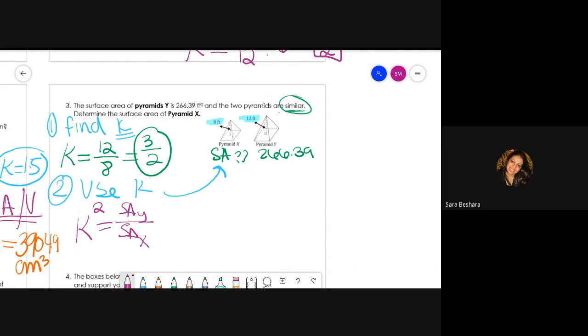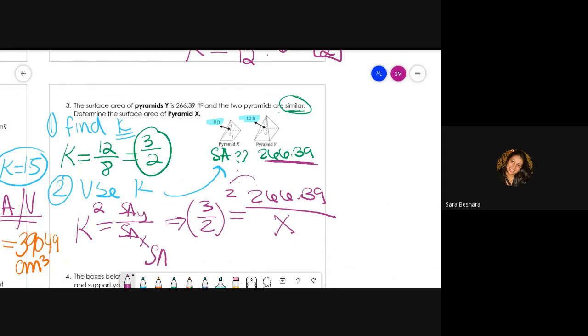All right, what's k? K is 3 over 2, squared. Surface area y is 266.39. It's given. Divided by surface area x, which is unknown. X is on the bottom, so I divide.